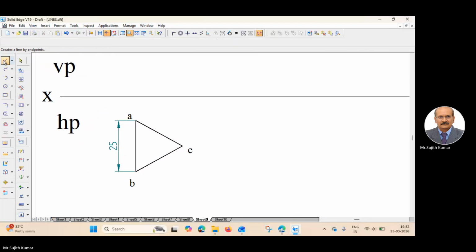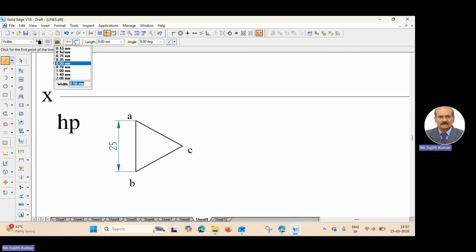Now take a line command. Projection line is 0.13. Draw the vertical projection line from C up to the XY line. Draw the vertical line from A up to the XY line. Then take a line of 0.5 and draw one dark line up to here. Scroll on this line, get the endpoint symbol, stop there.